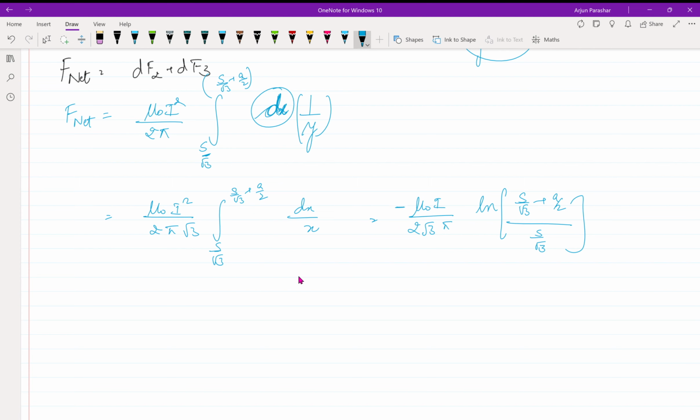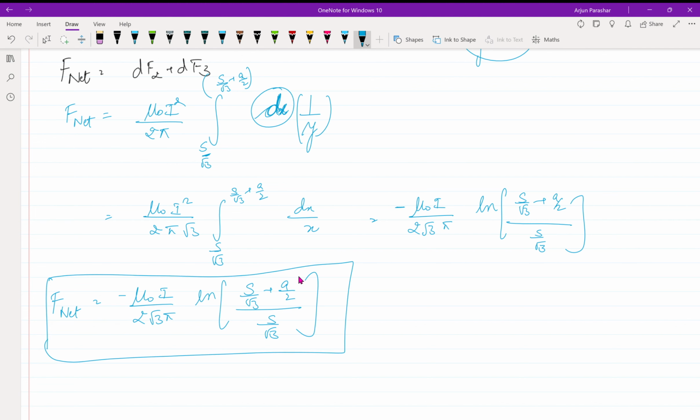So from here we get f net due to a straight wire on an equilateral triangle, and for a square loop also. You just need to remember the coordinate system and the formula, and you should be good at the little calculation.